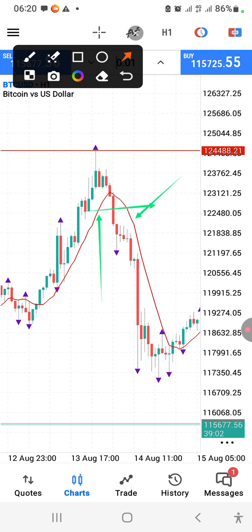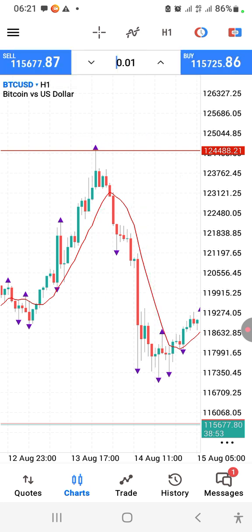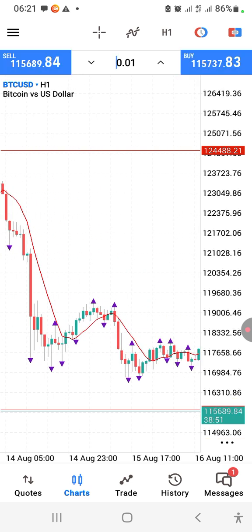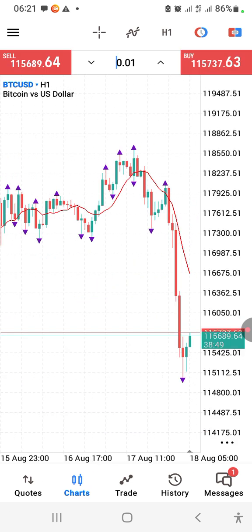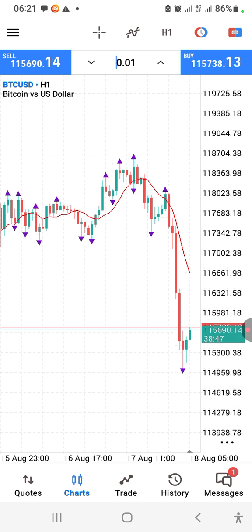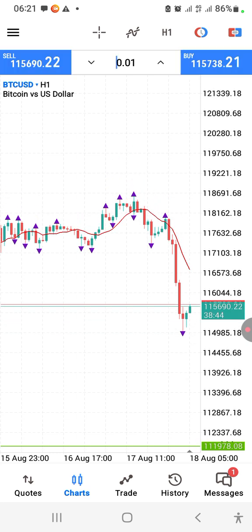You can sell here again, but your stop loss should be here, and then you aim maybe times 2 or times 3 of what you are risking. So I can then see that the market really moved down. So now for us to buy, you must ensure that this candlestick is above that moving average before you can then buy. So that is that.